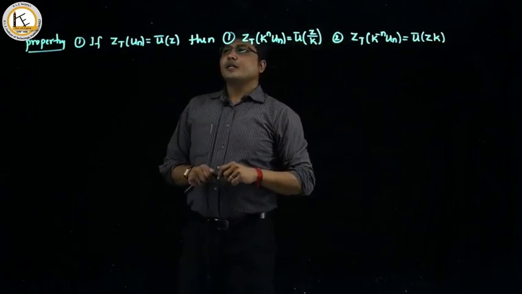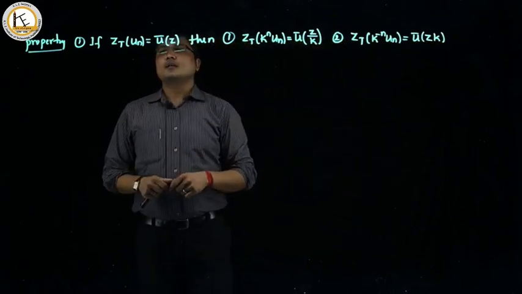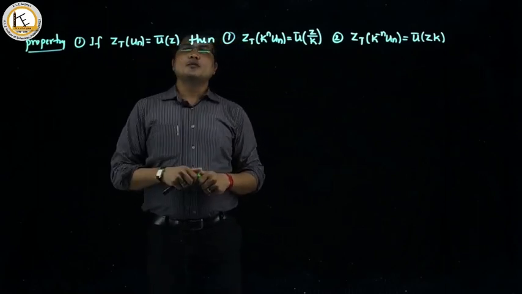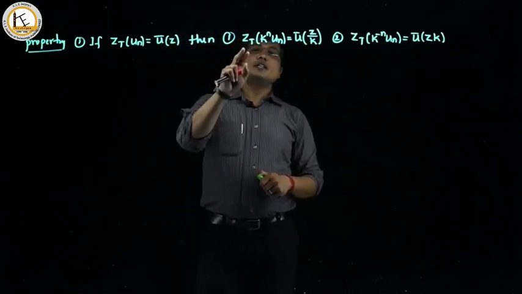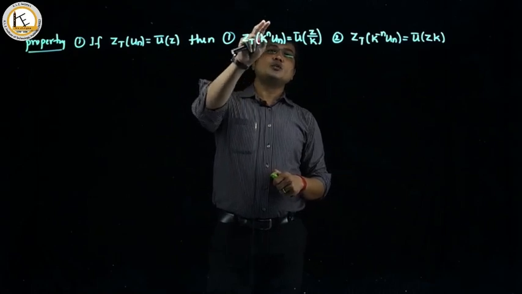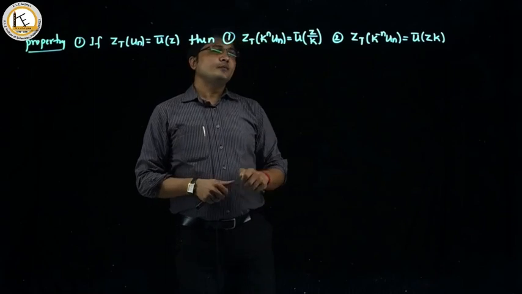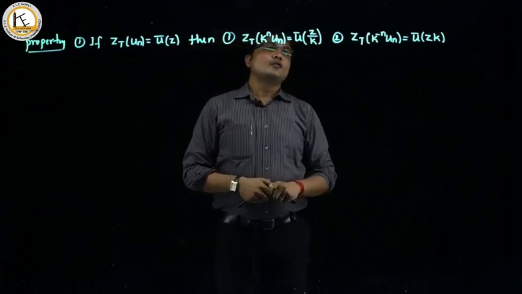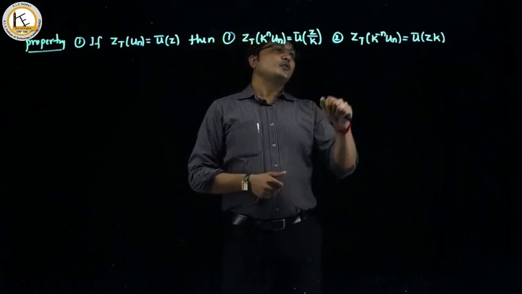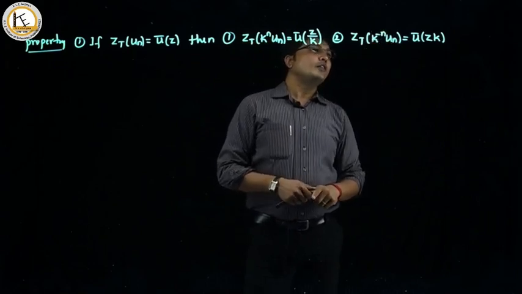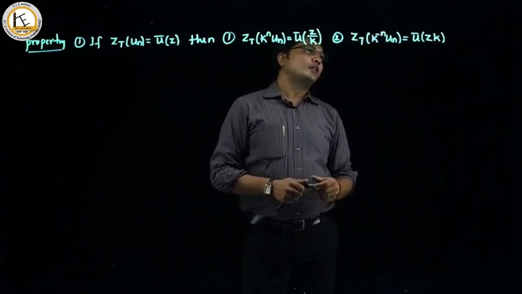Obviously, these properties we will derive from the basic definition of Z transform. So, if Z transform of Un is U bar of Z, then definitely the Z transform of k raised to n into Un, Un is obviously the given function, will be U bar of Z by k, and also Z transform of k raised to minus n into Un will be equal to U bar of Zk.